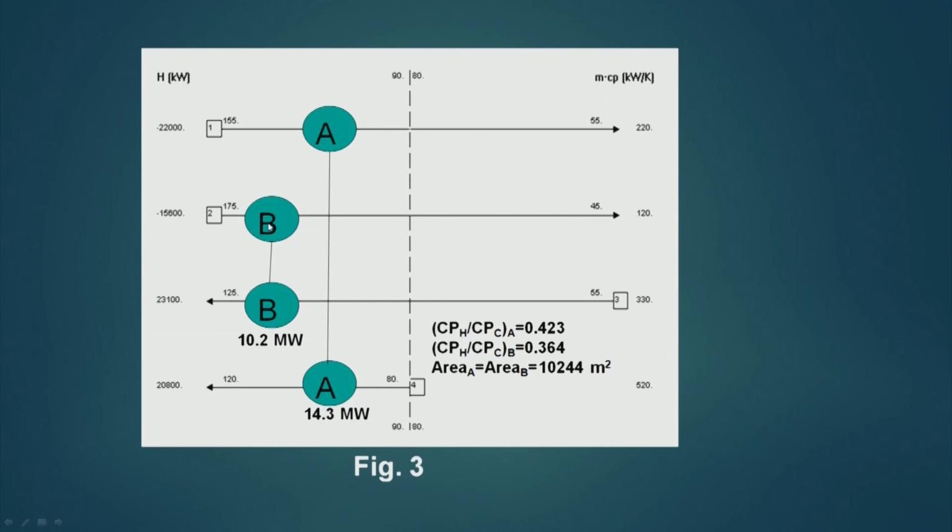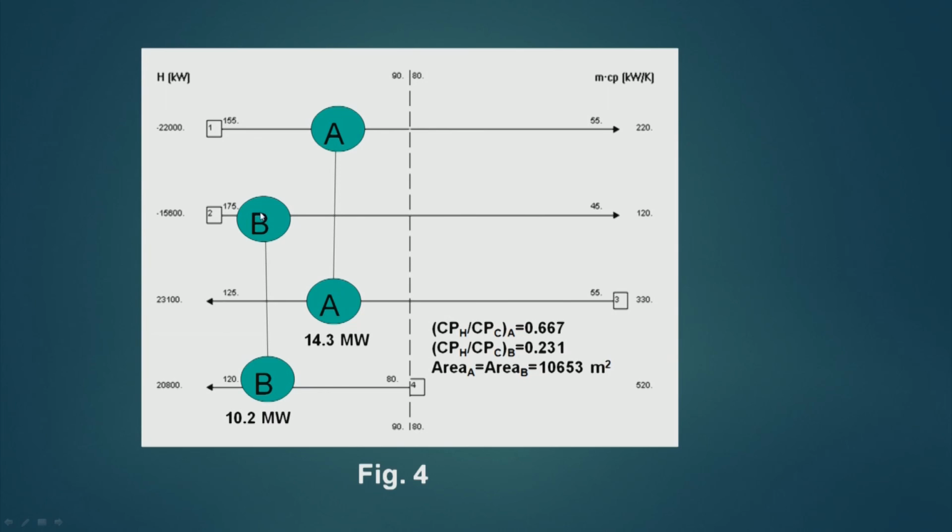If I place my heat exchanger B between stream number 2 and stream number 3 and the load is 10.2 megawatt, then for B the ratio is 0.364 and for A the ratio is 0.423 and the area of A plus area of B is 10244.